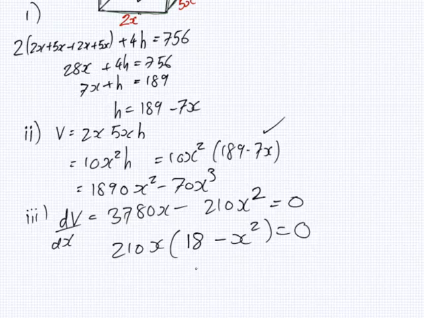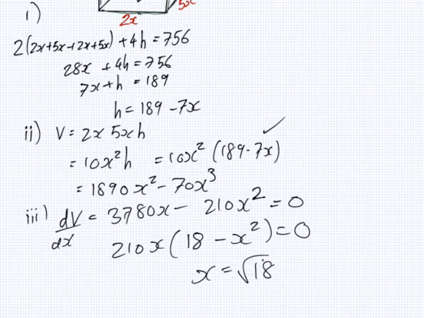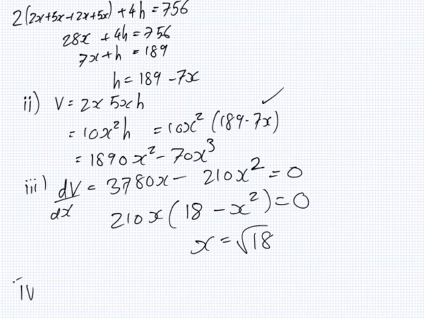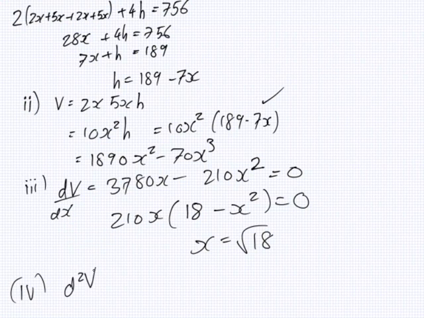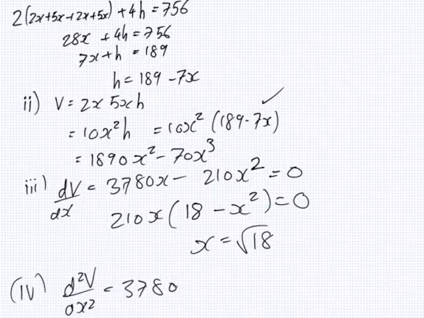X equals root 18. Okay, next. Confirm its maximum. So the second derivative is 3780 minus 410x, which is 3780 minus 410 root 18.